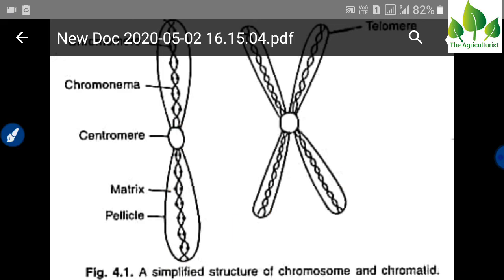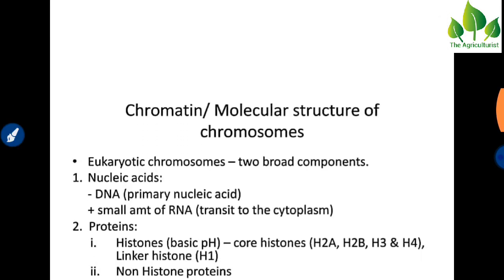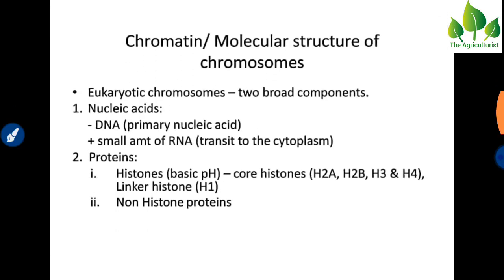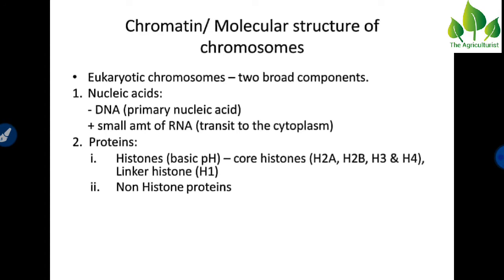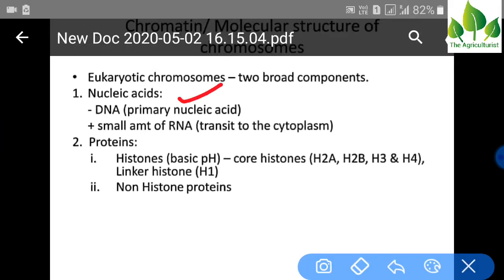Now let's start with the eukaryotic chromosome, or molecular structure of chromosome. In a broad sense, there are mainly two components of eukaryotic chromosome. First one is nucleic acid. It can be DNA, mainly DNA, or a small amount of RNA.